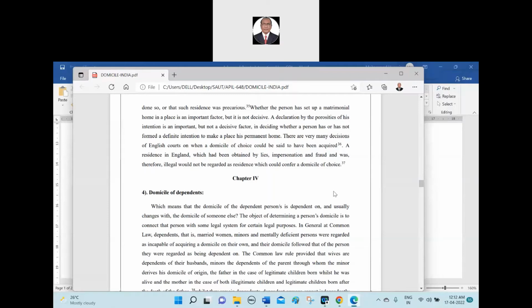As I told you, if the child is illegitimate, then the mother; if legitimate, then the father. Suppose the child is mentally retarded. Now you tell me.